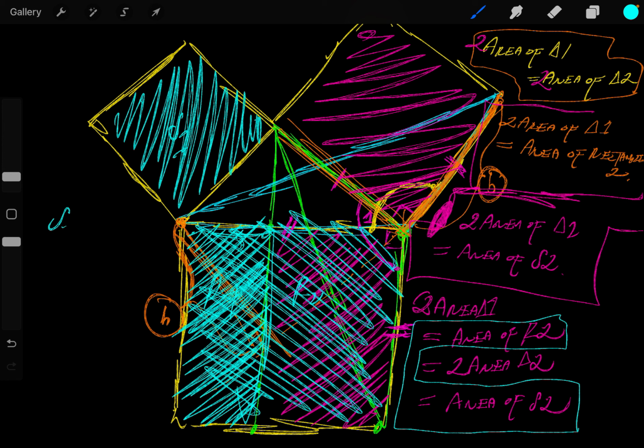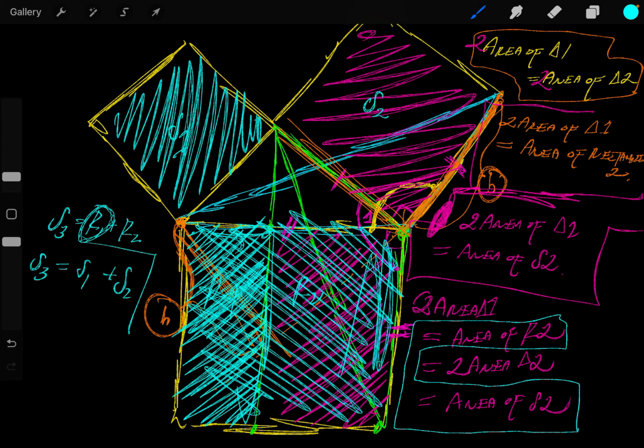So square 3 is equal to the area of rectangle 1 plus the area of rectangle 2. I showed that the area of rectangle 1 is the same thing as square 1, and I more recently showed that the area of rectangle 2 is S2. And this is the statement of the Pythagorean theorem. And this is how Euclid did it 2,300 years ago.